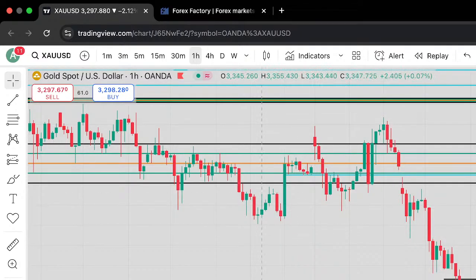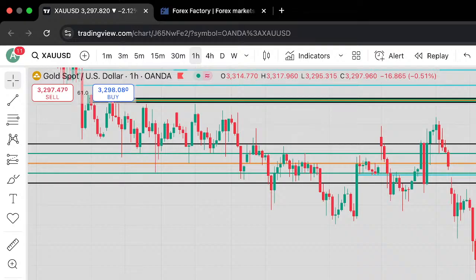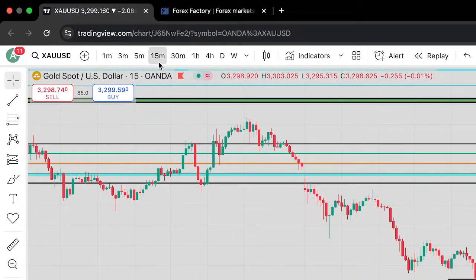Perfect. A good scenario for sells. So the price will probably drop more. A drop is expected more on the downside.